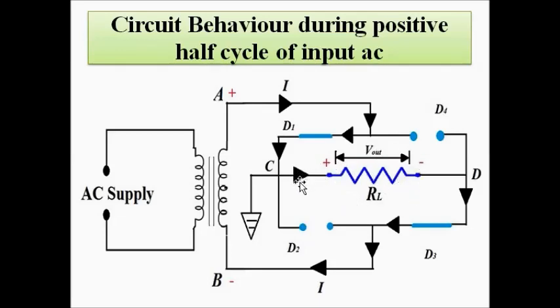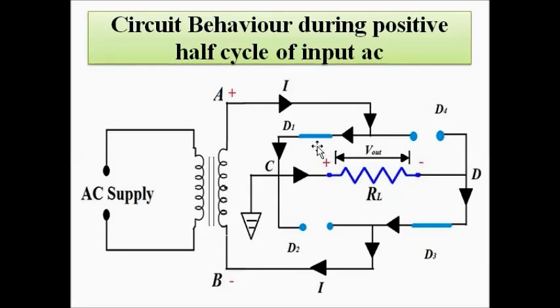Please pay attention to the direction of flow of current through the load resistance. It travels from C to D, from left to right. Then again it flows through the short circuited diode D3 and reaches the end point at B, which is the negative end, from positive to negative through this path denoted by the black arrowhead.